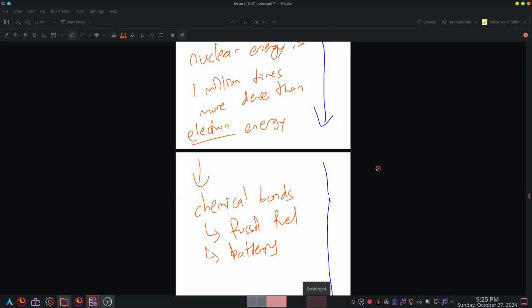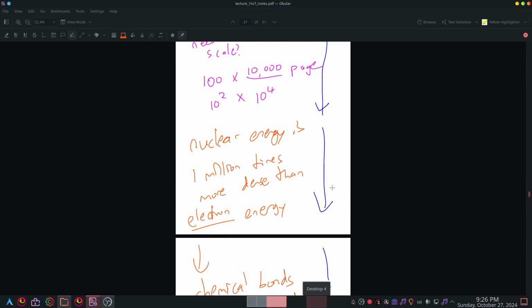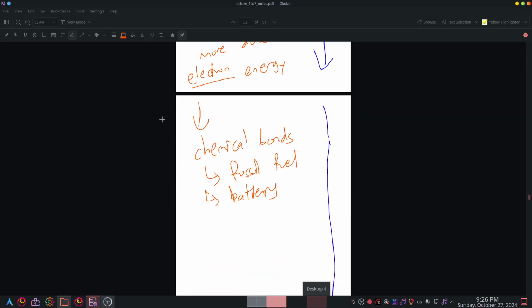So mass for mass, you can have 1 million times the amount of energy within the same nuclear fuel as compared to coal, for example, or oil, or natural gas. The take-home message I want you to get is nuclear energy is super dense.